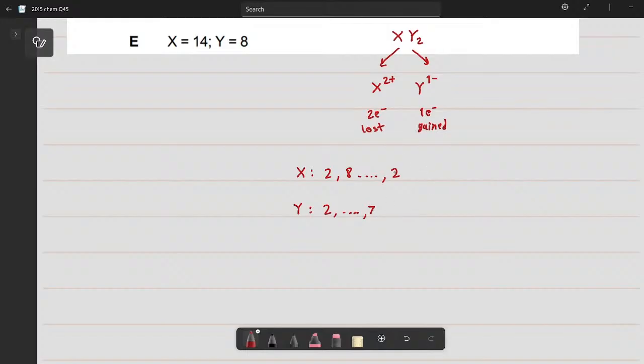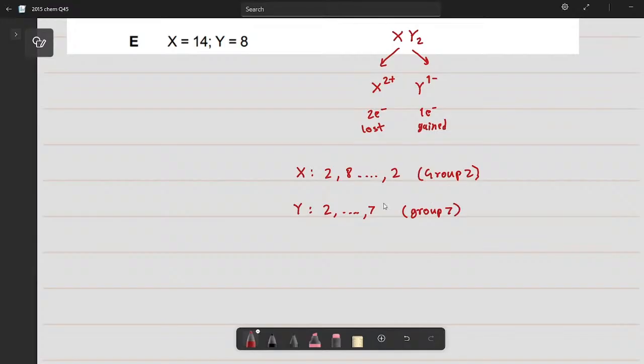What we also know is that since X loses 2 electrons, it forms an oxidation state of 2 plus. So this must be a group 2 metal, which is an alkaline earth metal, and this Y must be group 7, which is the halogens.